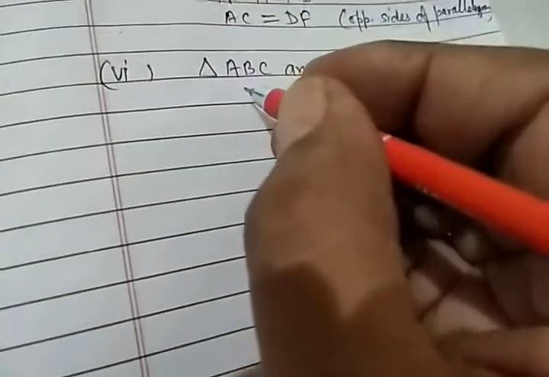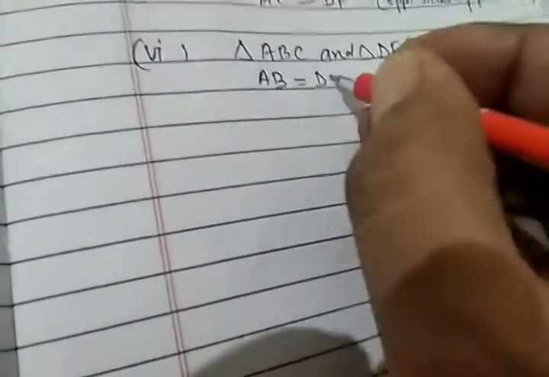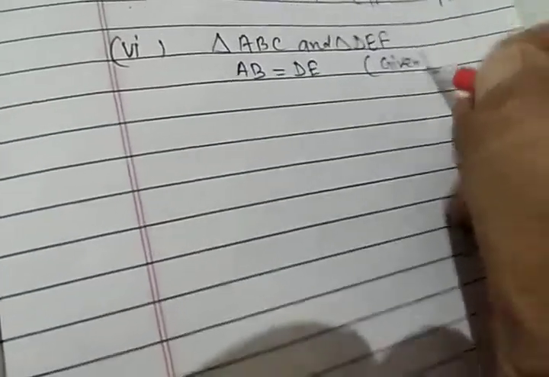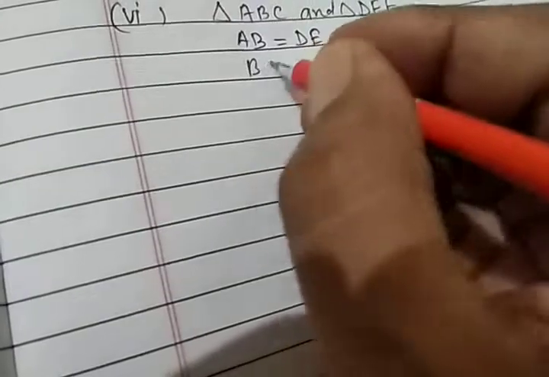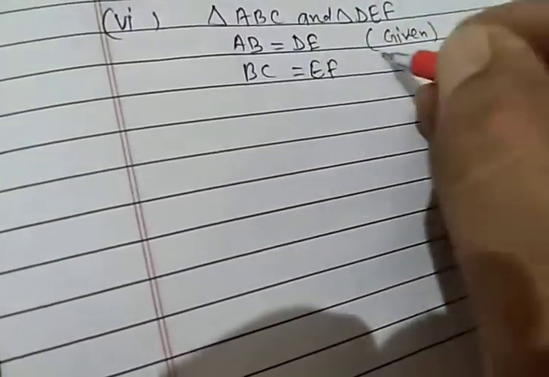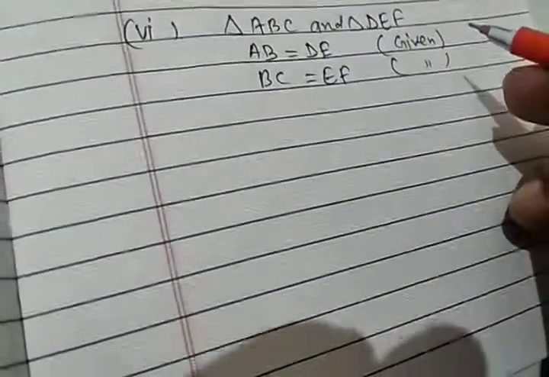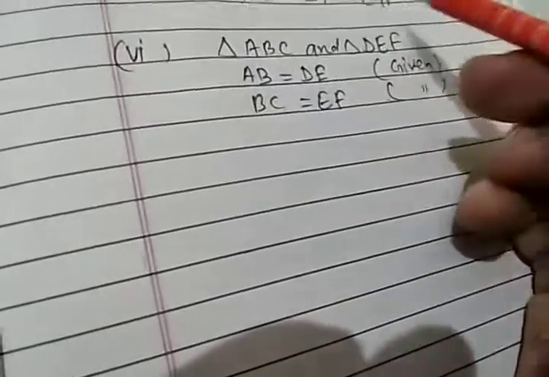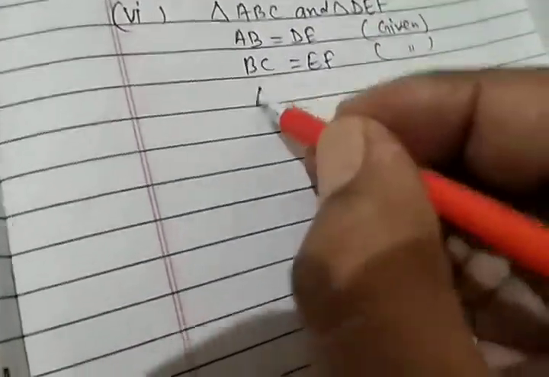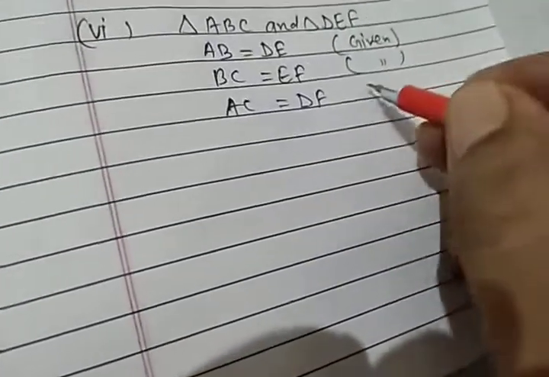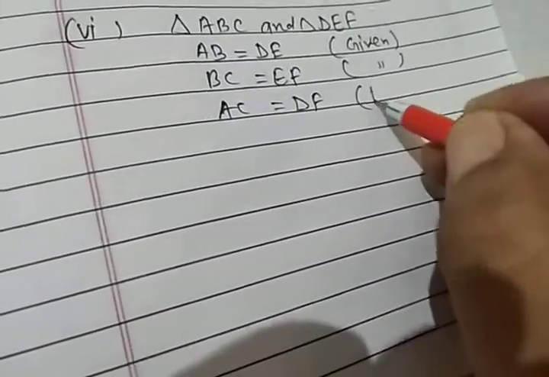AB equal DE, given in question, and BC equal EF, that is also given, and third, AC equal DF, that is proved above.